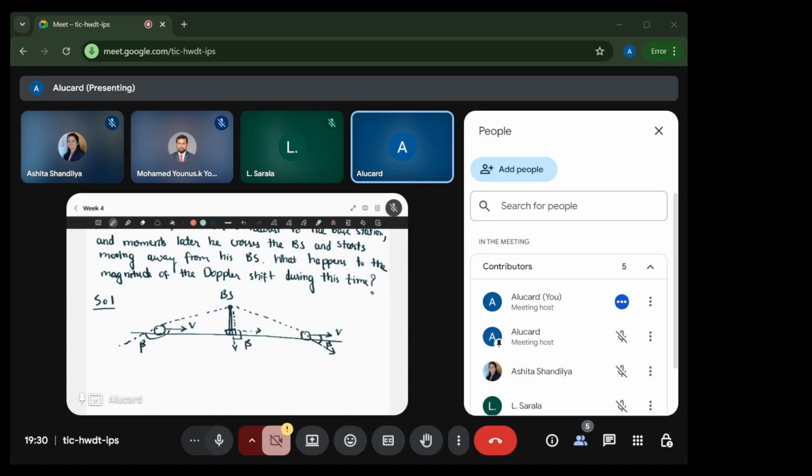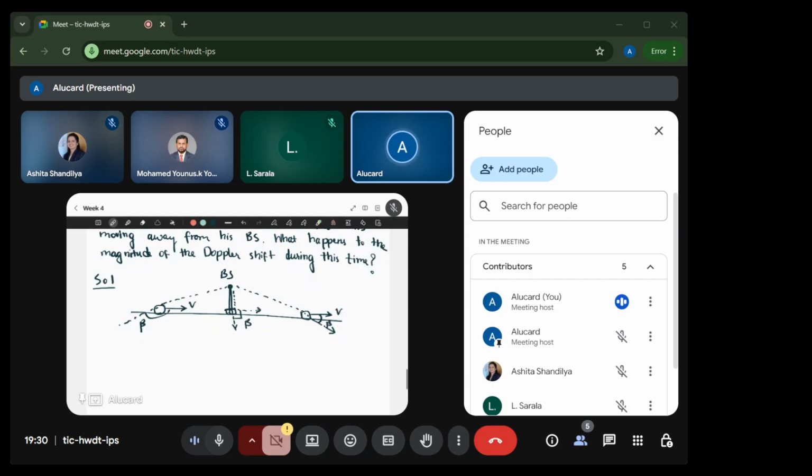So now we have to see what happens to the magnitude of Doppler. Since it's only magnitude, the Doppler shift is v cos beta over lambda, which is v cos beta times fc over c. We have no control over the carrier frequency.